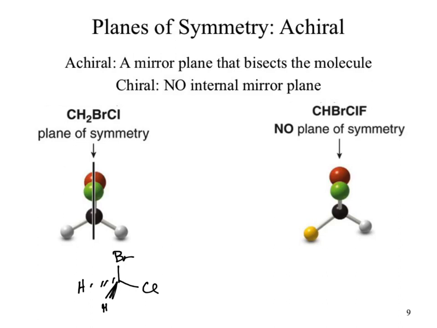Sometimes it's obvious, sometimes it's not. So I would stress less about finding an internal mirror plane, even though the textbook is like, oh, this is awesome. If you find it, it's great. If you spend all that time trying to find the internal mirror plane, you're slowing yourself down. How do I know that first one is going to be achiral?